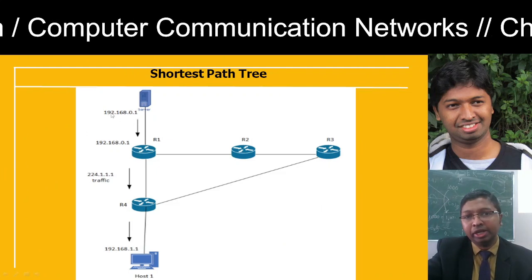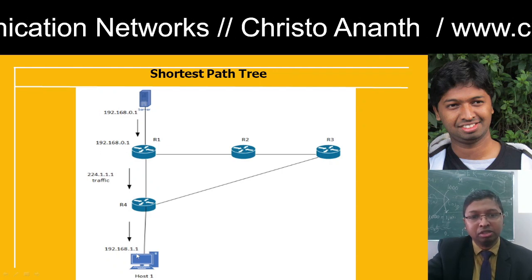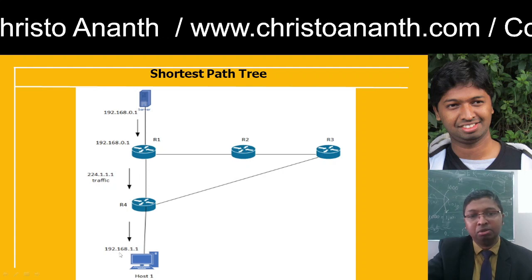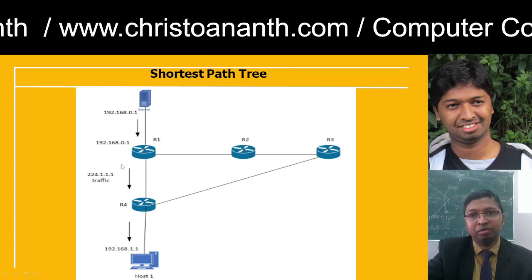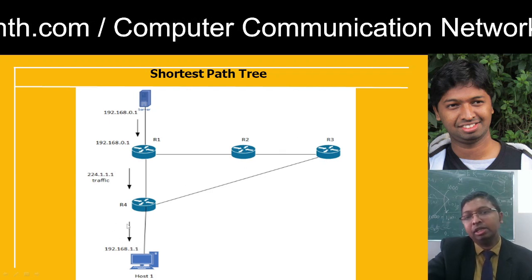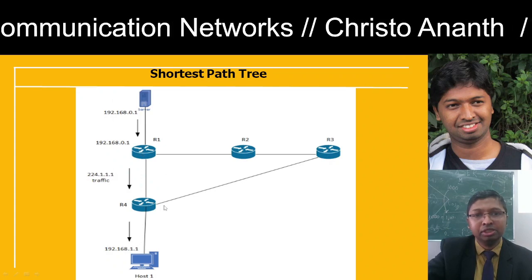Okay, from 192.168.0.1 it will be routed across to reach the final receiver, the host 192.168.1.1. Here it will take R1 to R2, R3, R4 and to the receiver. So this is the shortest path.